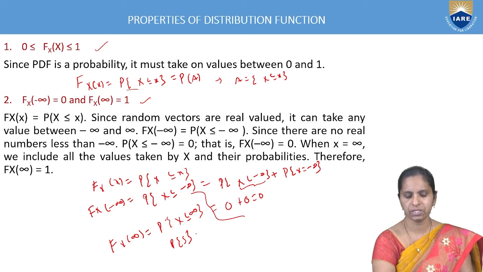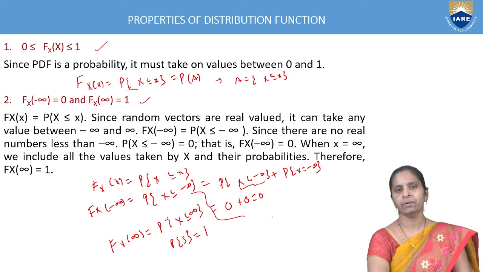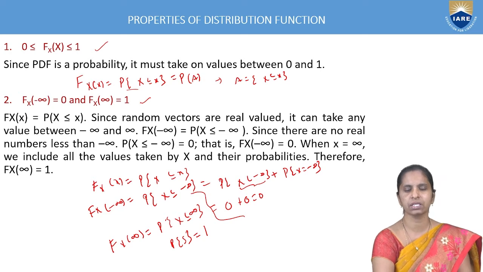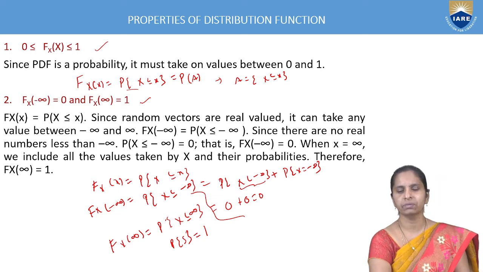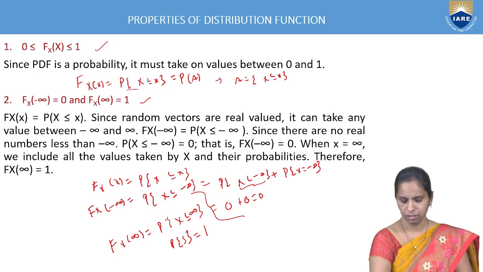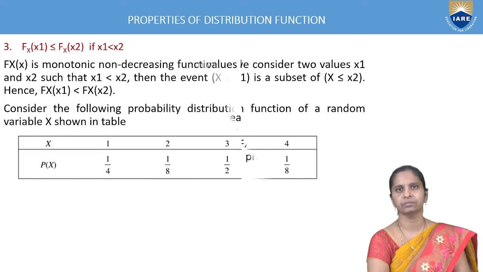Therefore, the probability of the sample space is equal to 1. That's why we can define the probability distribution function at x equals minus infinity is equal to 0 and at x equals infinity is equal to 1. This is your second property.